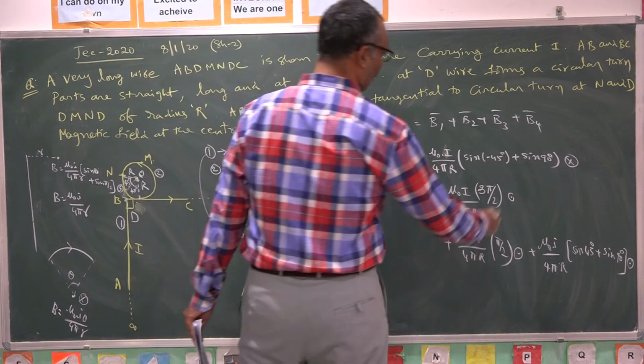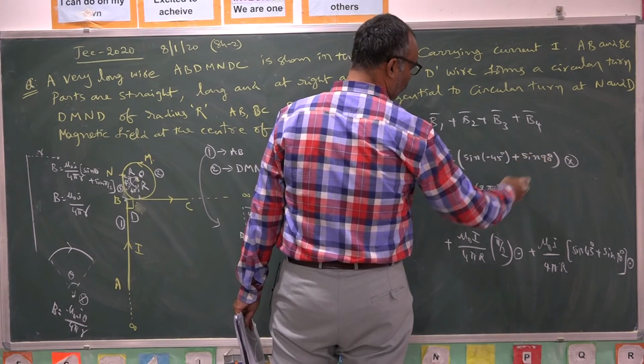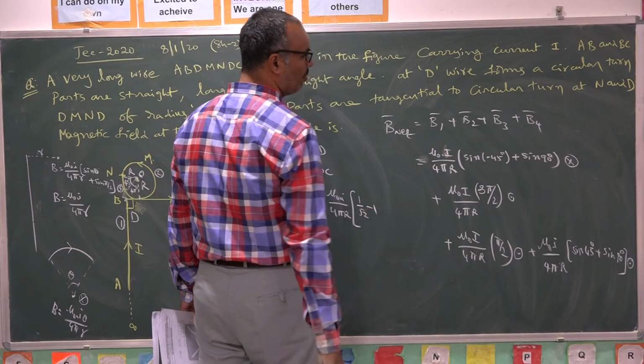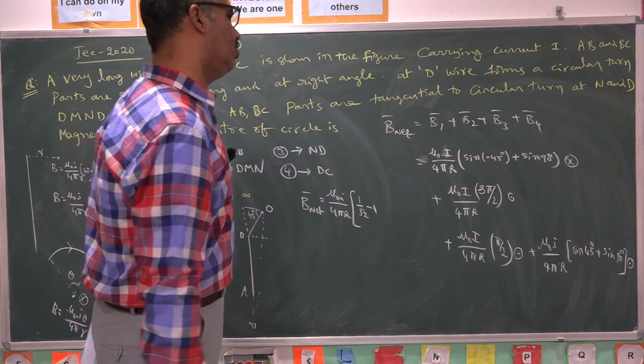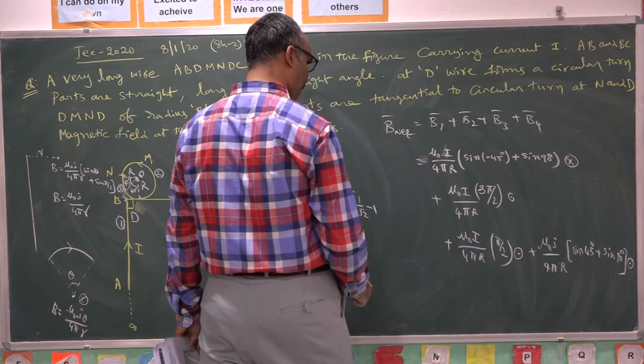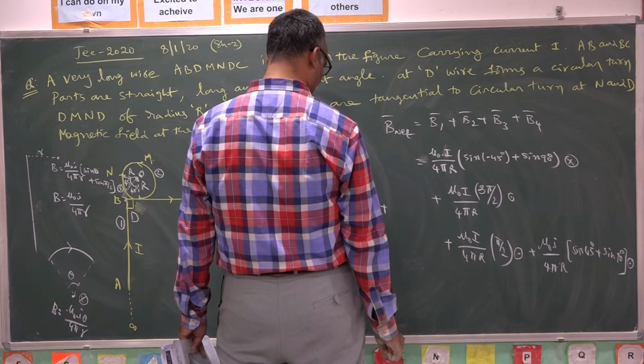So it is actually minus 1 by root 2 plus 1. So 1 by root 2 minus 1 I am taking, because I took it as minus. This is three pi by 2.